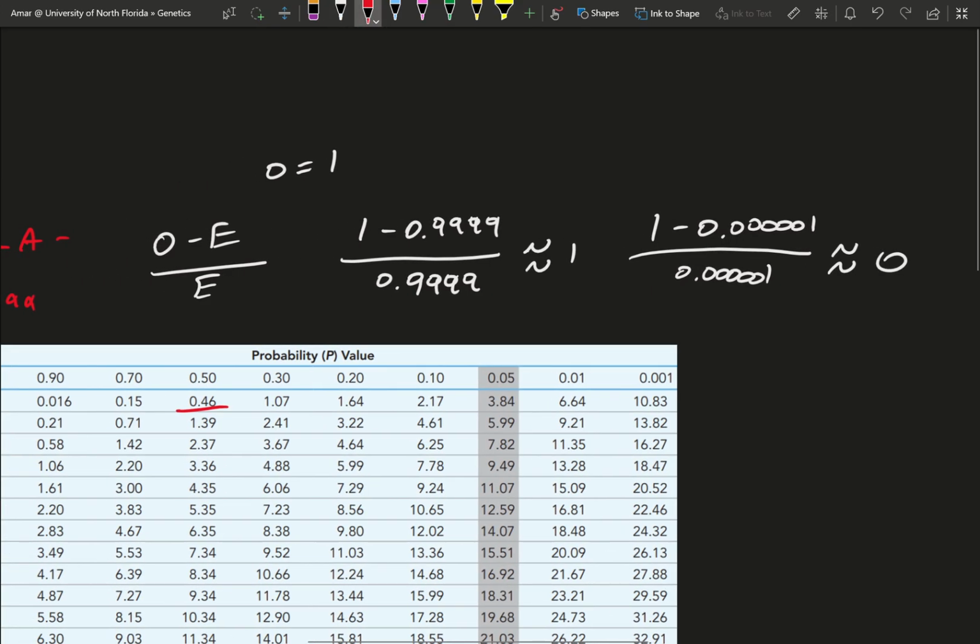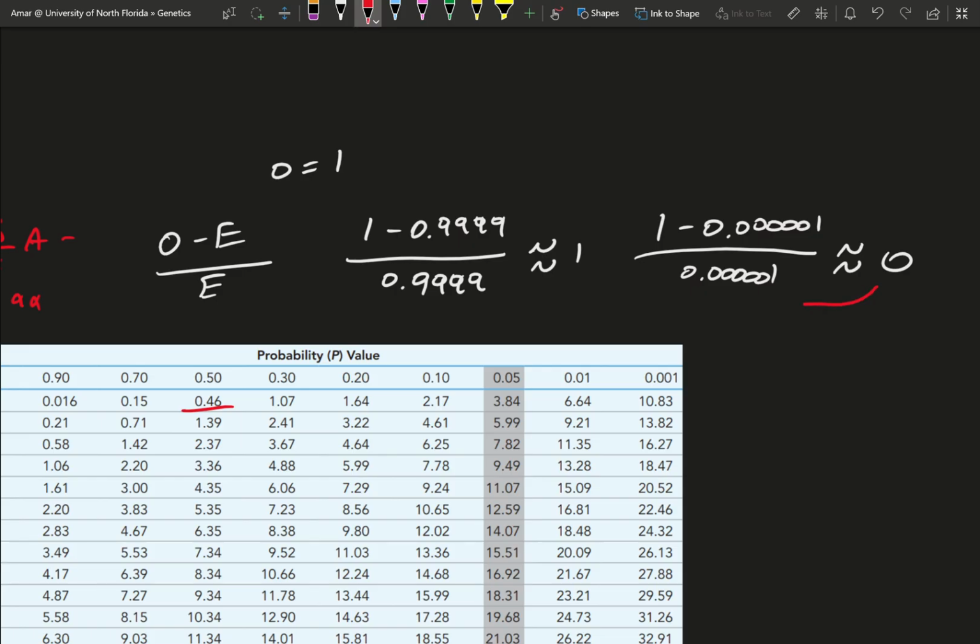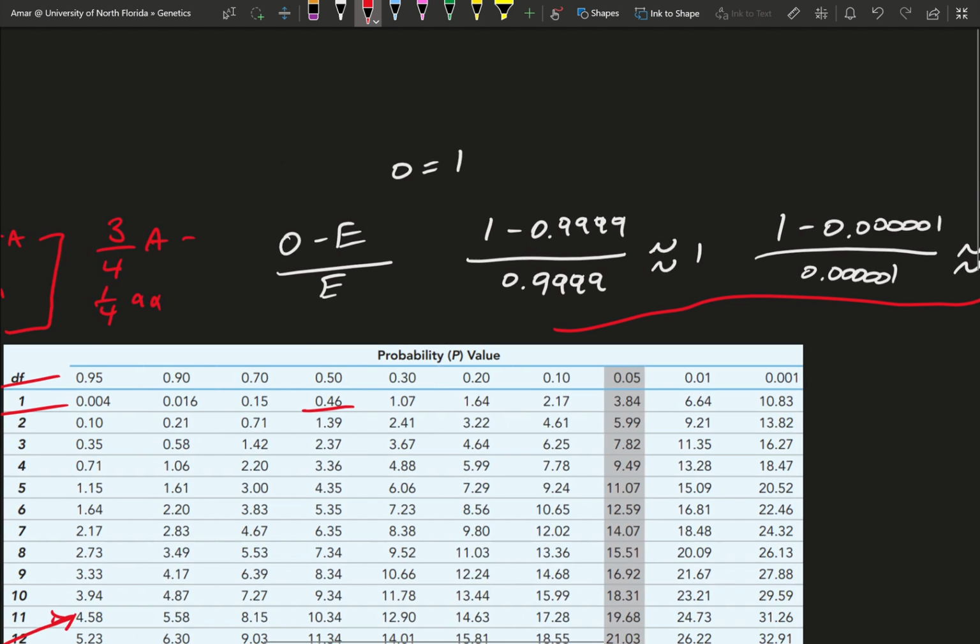So in this situation, where the observed is not equal to the expected, we should expect to be somewhere closer to the left side of the table. But if our observed is equal to our expected, basically we're failing to reject the null, it'll go here.